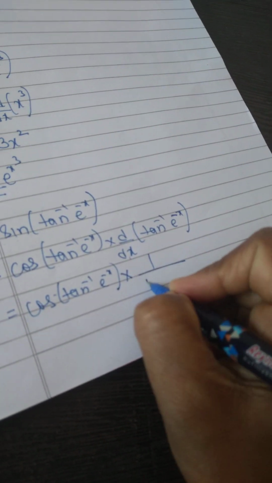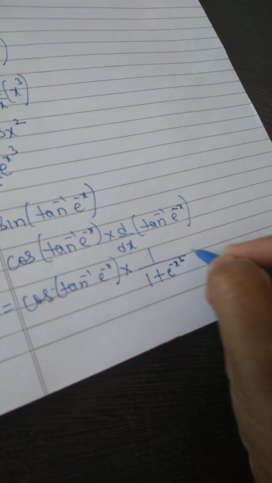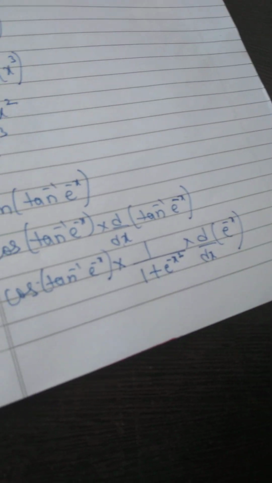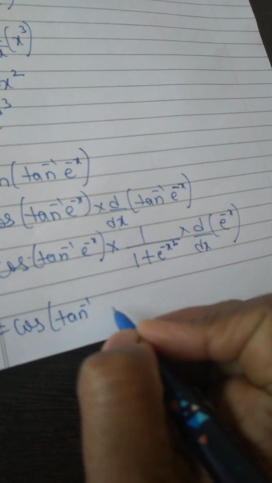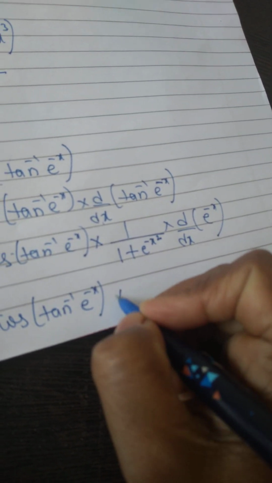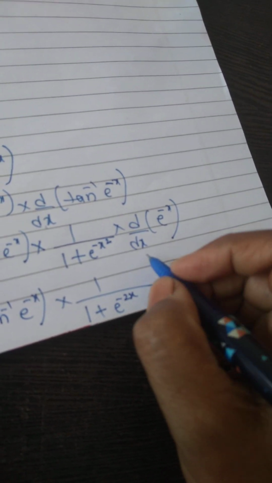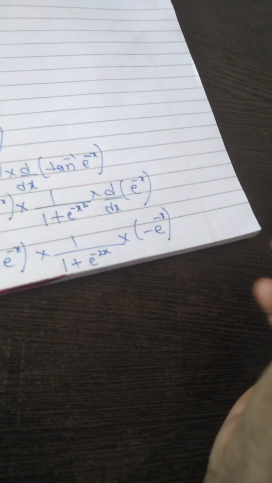So 1 by 1 plus e to the power minus x square into d by dx of e power minus x. One more chain rule. So cos of tan inverse of e power minus x into 1 by 1 plus e power minus x square into d by dx of this, which is minus e power minus x.